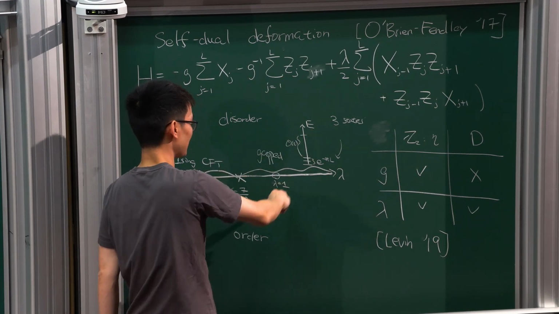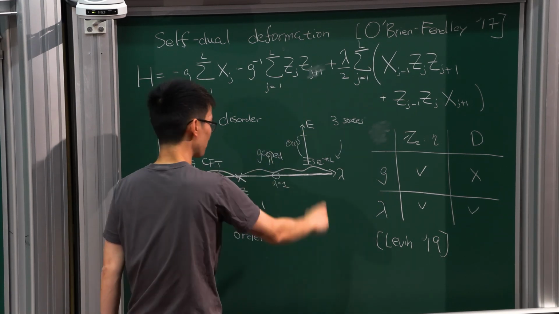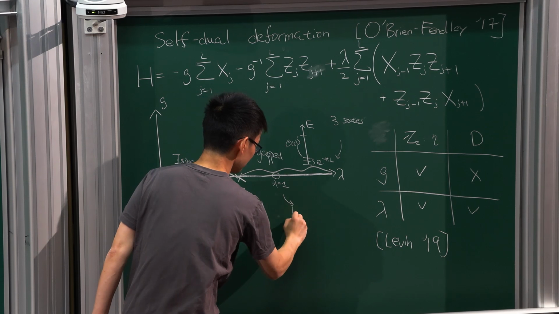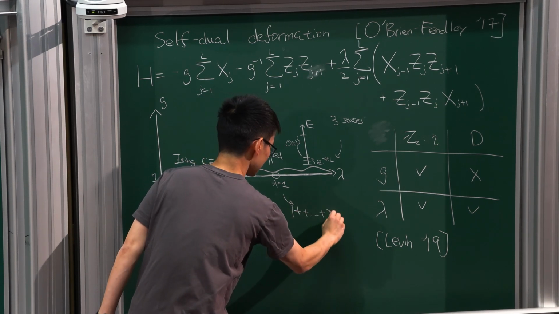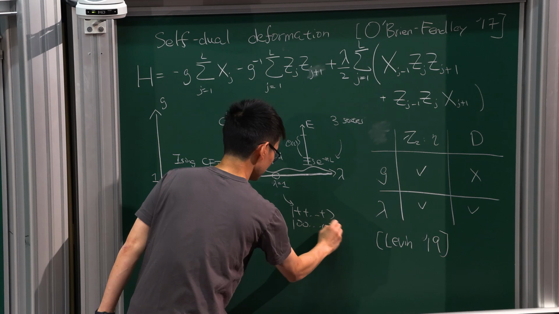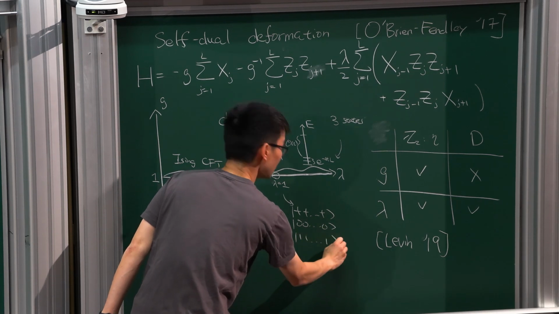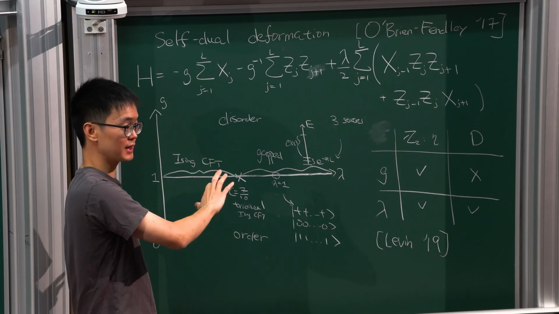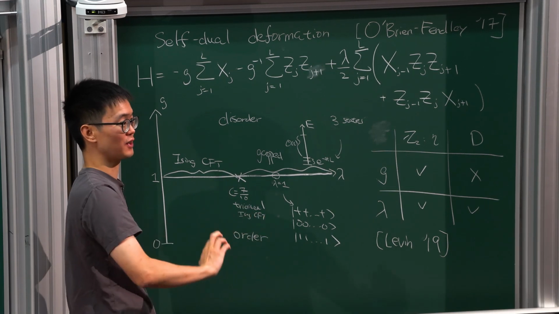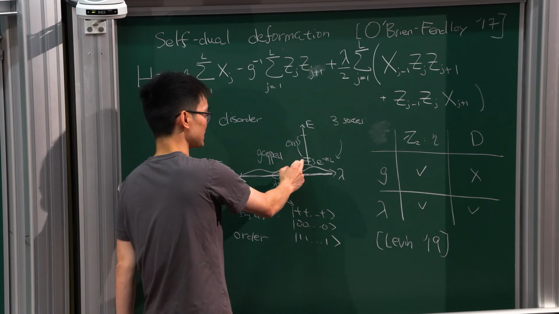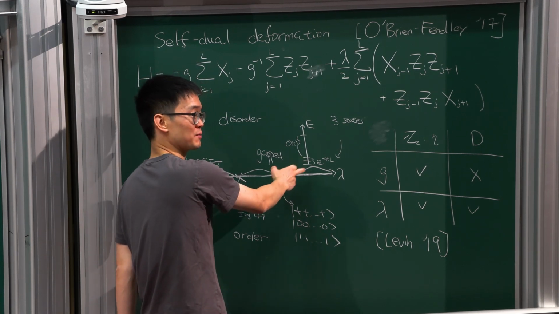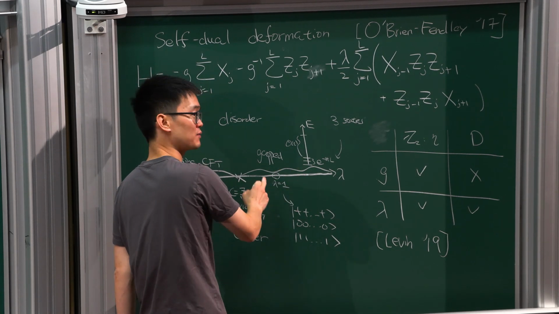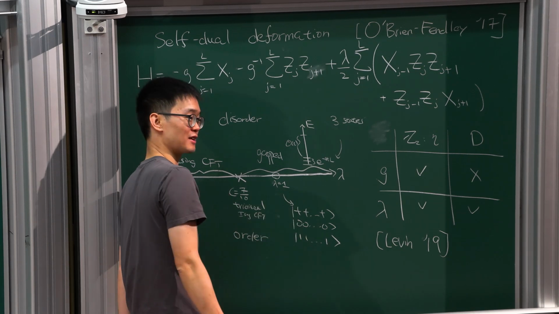You can show that at that point, the 3 ground states are plus, plus, plus, 0, 0, 0, and 1, 1, 1. And the 3 of them are exact ground states. They are exactly degenerate, even in finite volume. Typically, you have some exponentially small energy splitting between them in finite volume. But at this very special point, the ground states are exact.